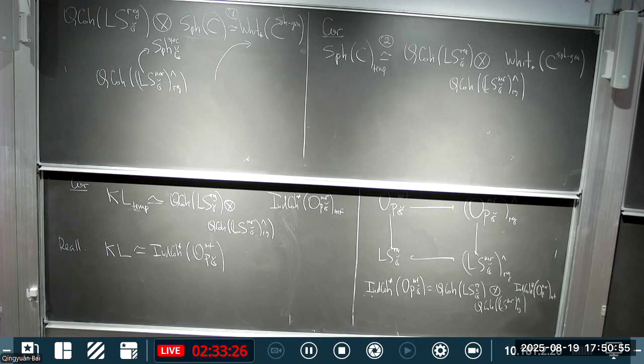So I have the vertical and the horizontal equivalence, which sits inside here, and I'm describing the essential image of.